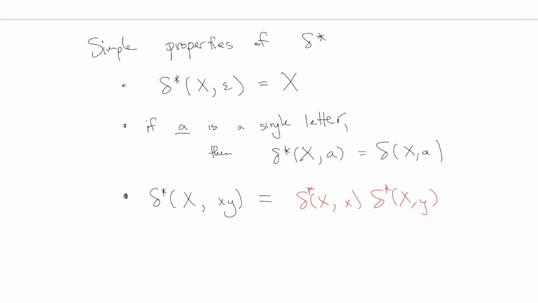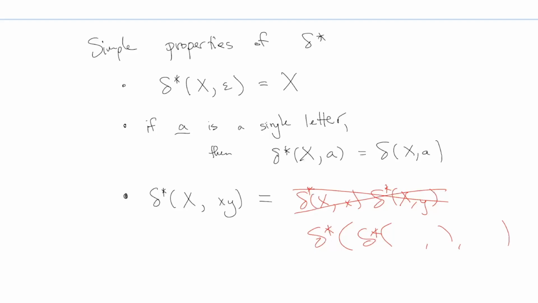If you want to do one delta followed by another, the way to do that, since these are functions, would be to compose them, put one inside of another. So the proper way to write this is somehow delta star of something like that, right?